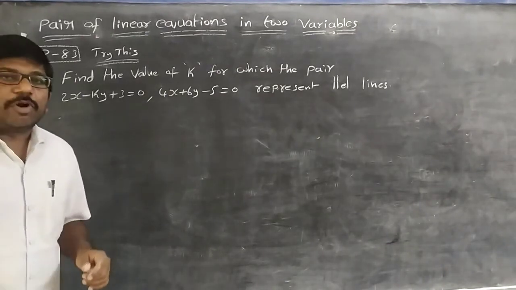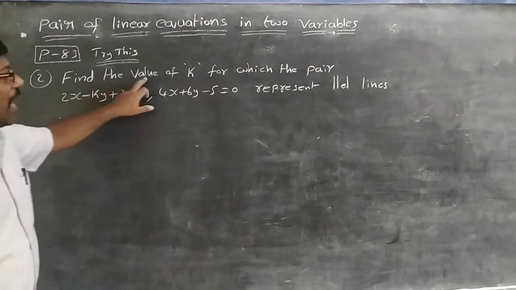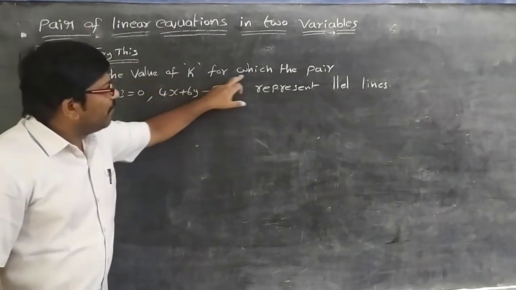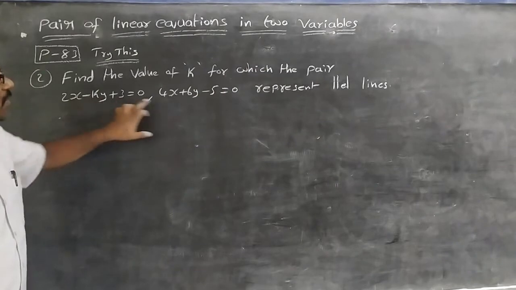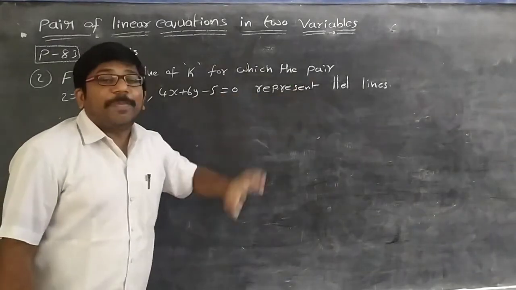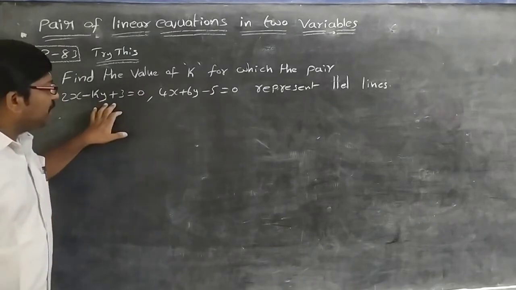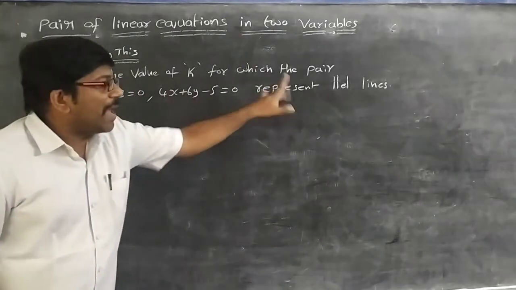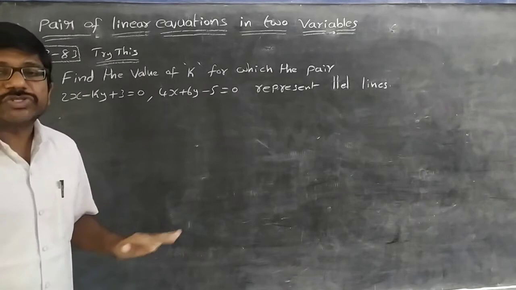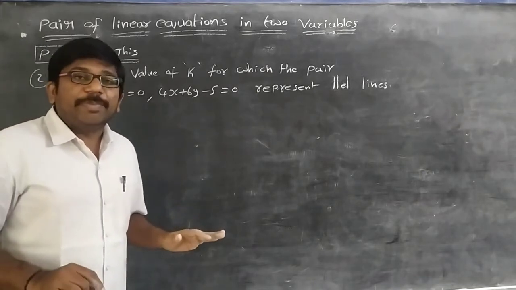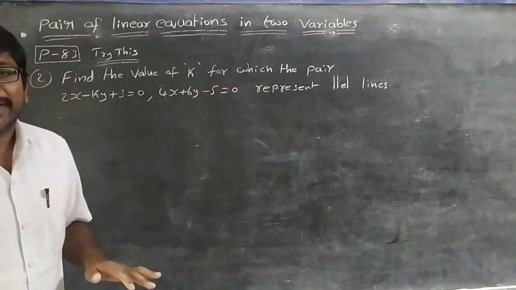Yes, go for the second problem. Find the value of k for which the pair represents parallel lines, right? That means if these two lines are parallel, meaning no solutions, the pair is inconsistent, right?